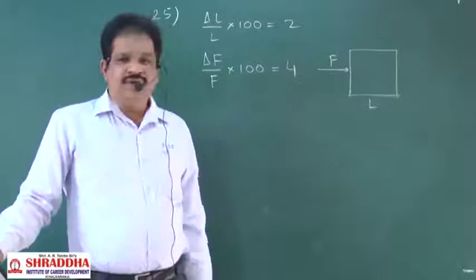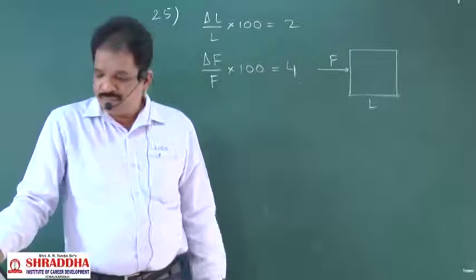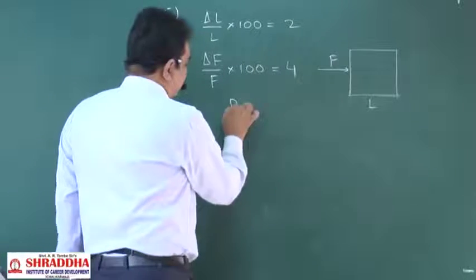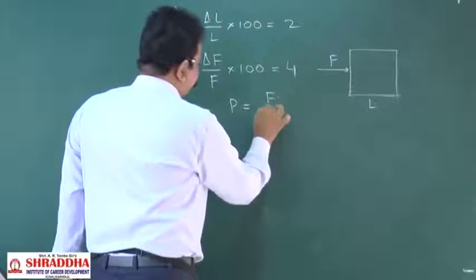Delta F by F into 100 is equal to 4. Then what is the permissible error in the measurement of pressure?